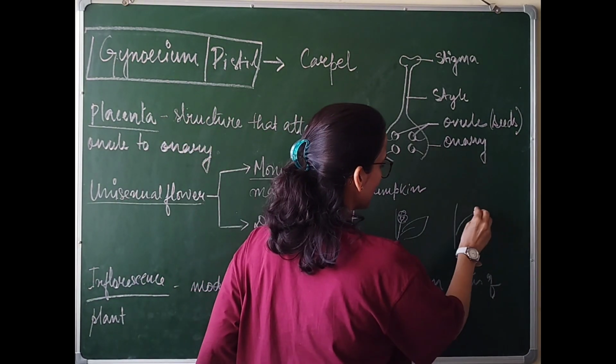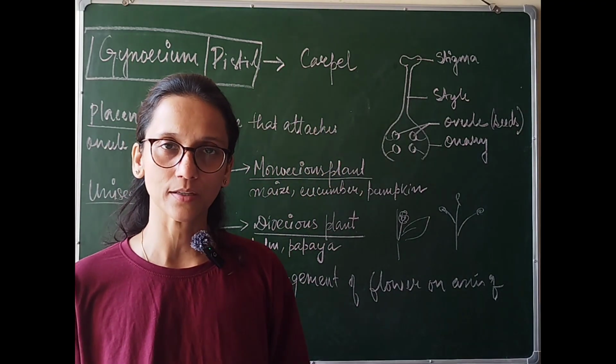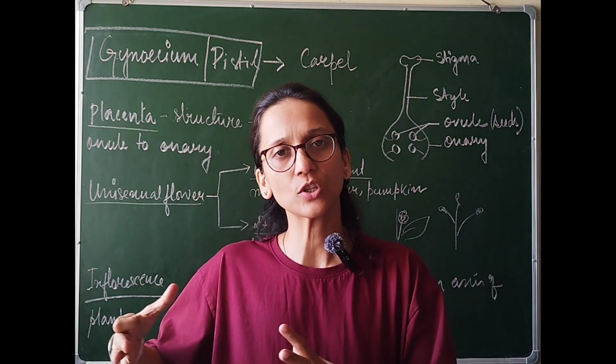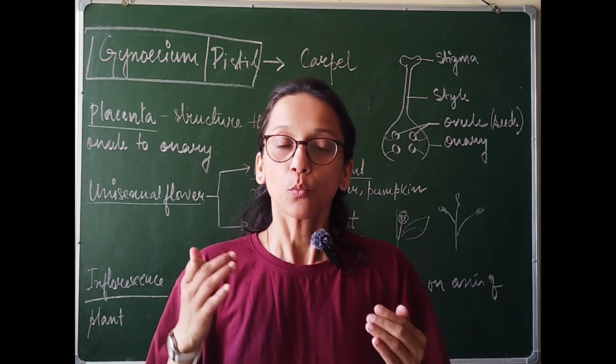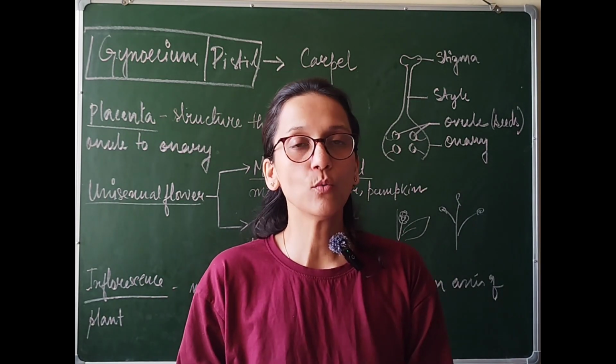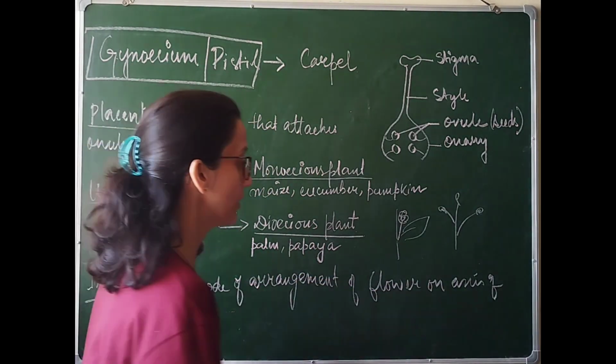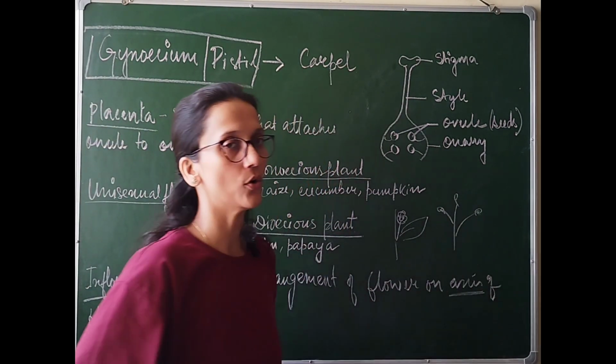Sometimes we also find them appearing on the tip or on the side branches of the plant. So there are different ways in which these flowers are arranged in nature. When we go to higher grades, we are going to study this in detail, but right now we must know what is inflorescence. Inflorescence is the arrangement of the flower on the axis of a plant.